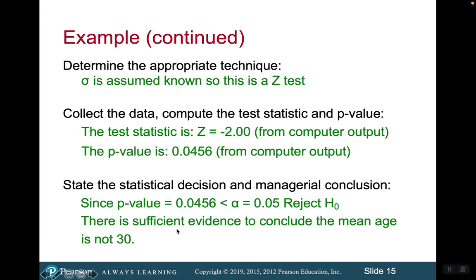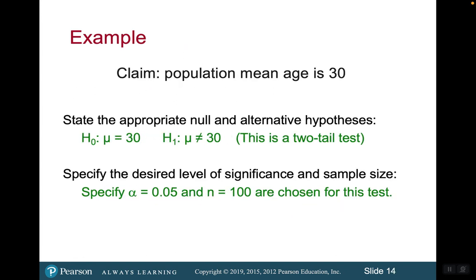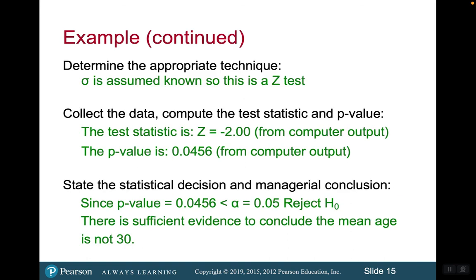Right, so the p-value in our calculation is 0.0456, and since what we said was our level of significance is 0.05, it's below that, we reject it. So what that means is that there is sufficient evidence to conclude that the mean age is not 30.